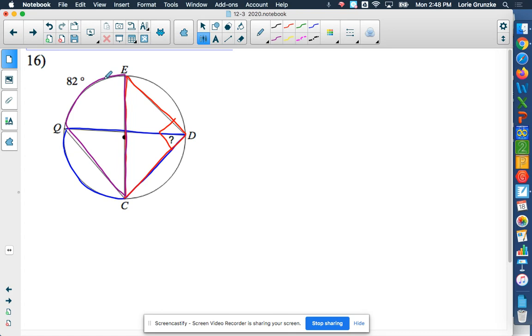We're going to have to do this one together. I got to just start filling things in. So if this is 82, this is half of it, 41. This is 41, 90. Oh, this red one, this whole thing is 180.